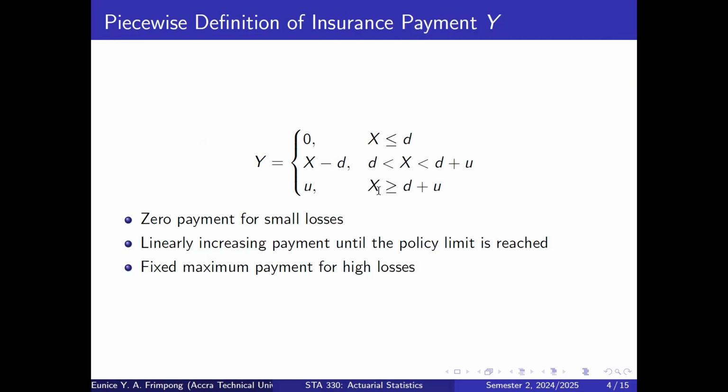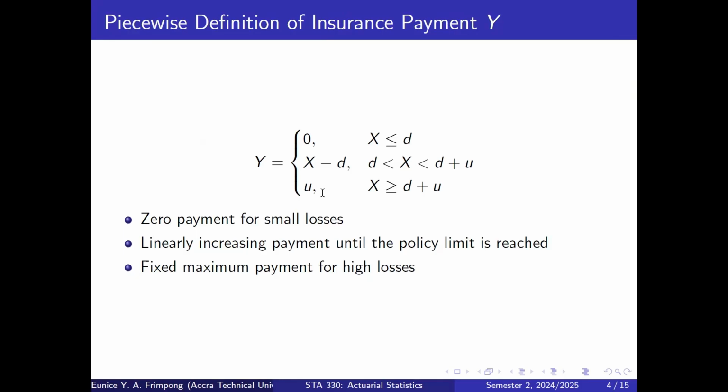Now, the case where the loss is more than D plus U: the insurer will pay Y equal to the policy limit U. So the insurer pays only up to the maximum the company is supposed to cover.